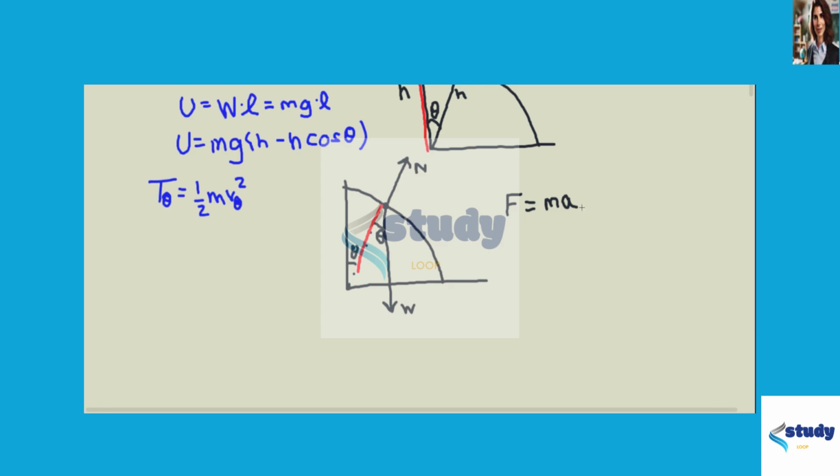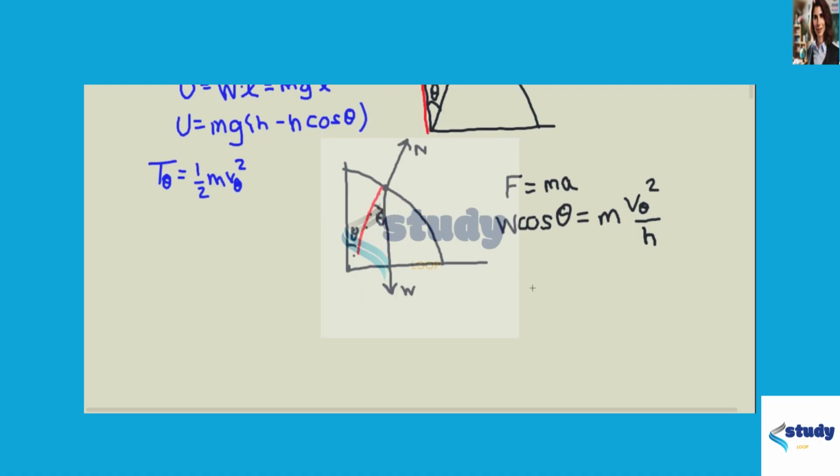So we have weight cosine theta is equal to mass times acceleration. And since this is a cylinder, we're going to use the circular motion principle. So we have v squared over r, which our radius is h. So we have v, this is our velocity at theta, squared over h. And we're also going to sub mg for the weight.